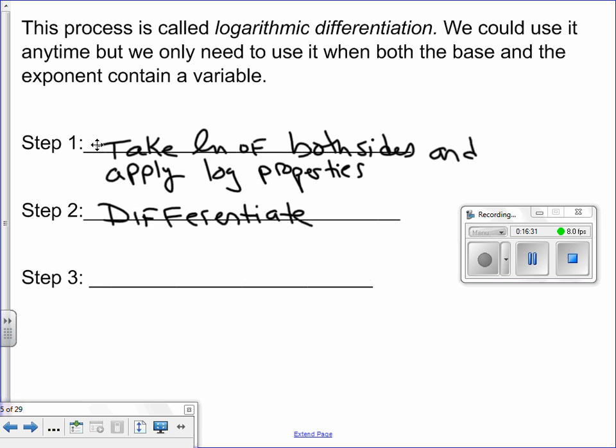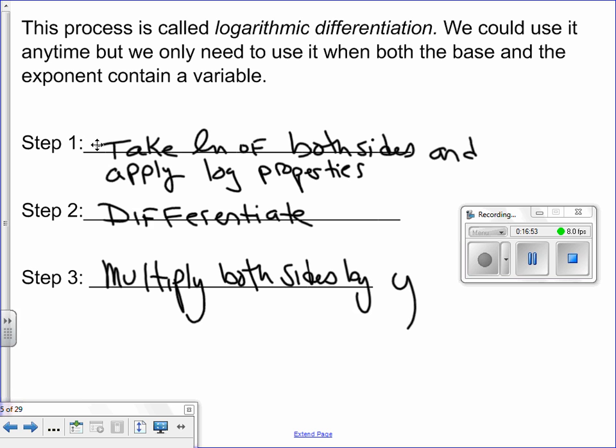So remember what we had to do? We multiply by y and then substitute in for y. So the last step will be, multiply both sides by y, and then substitute.